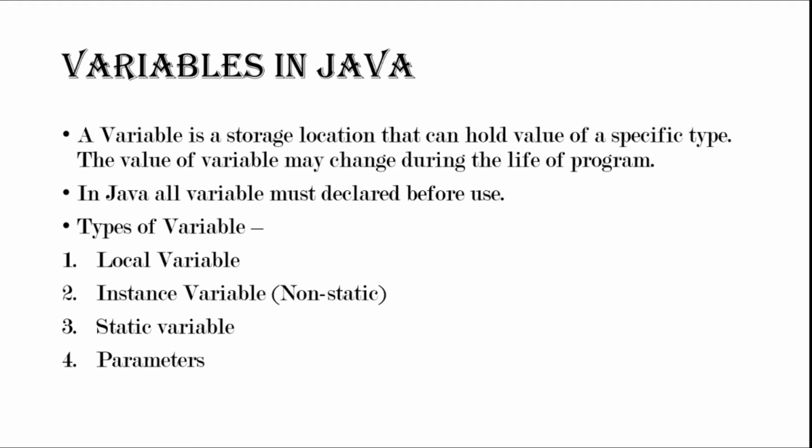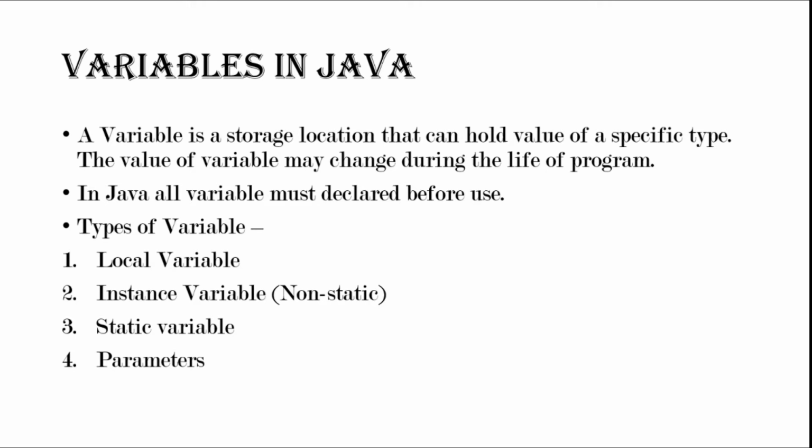The third one is the static variable. A static variable can be defined the same as an instance variable, but the static keyword is used to define it. The fourth one is the parameter. We can define a parameter within the method definition.